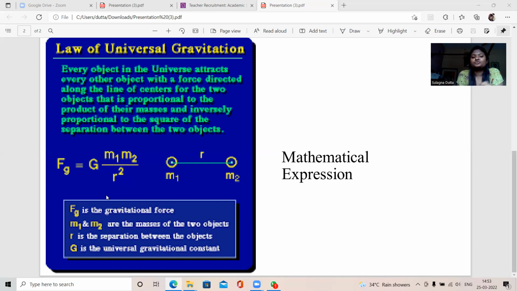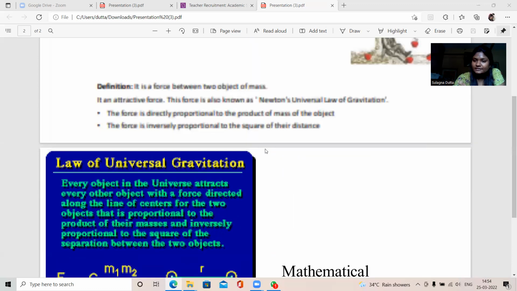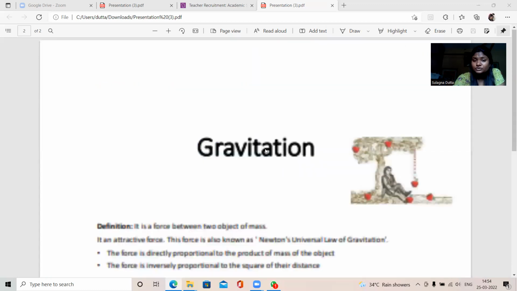But we should always remember this formula, that is F equals G m1 m2 by r square, by which we can solve all the numerical problems of the gravitation chapter. So here we should remember two or three things: gravitational force was invented by Sir Isaac Newton. It is an attractive force.